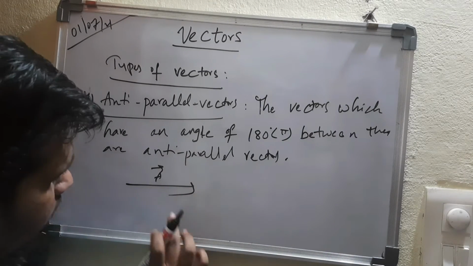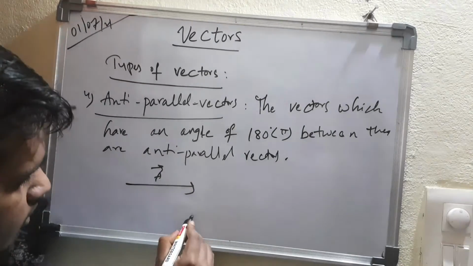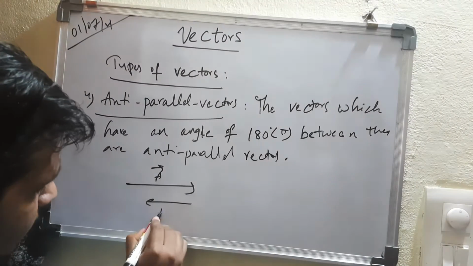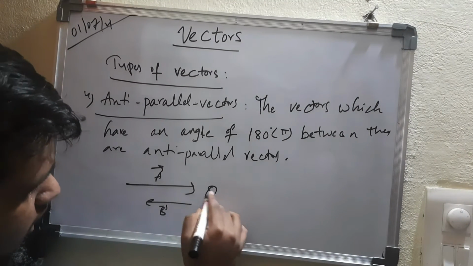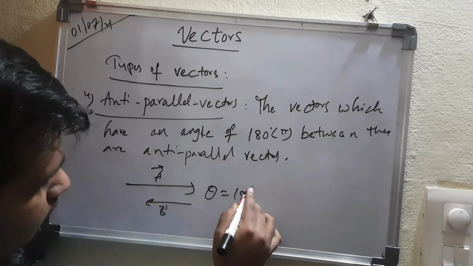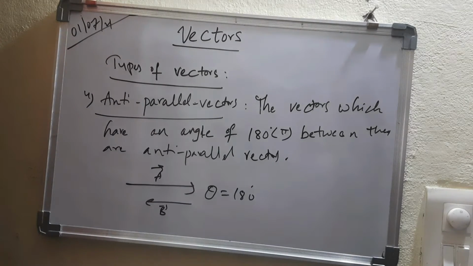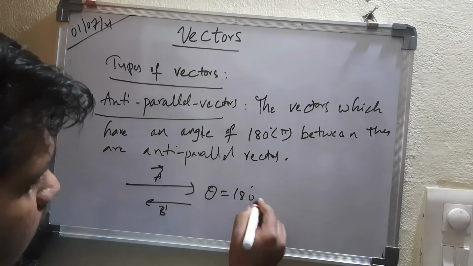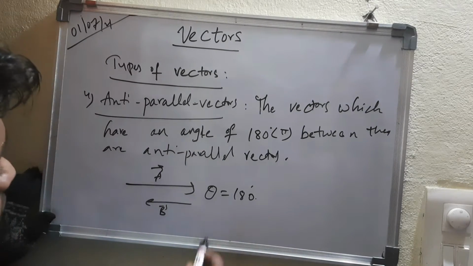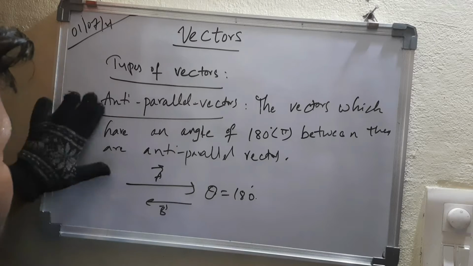Vector A, vector B, theta equals 180 degrees are called anti-parallel vectors.